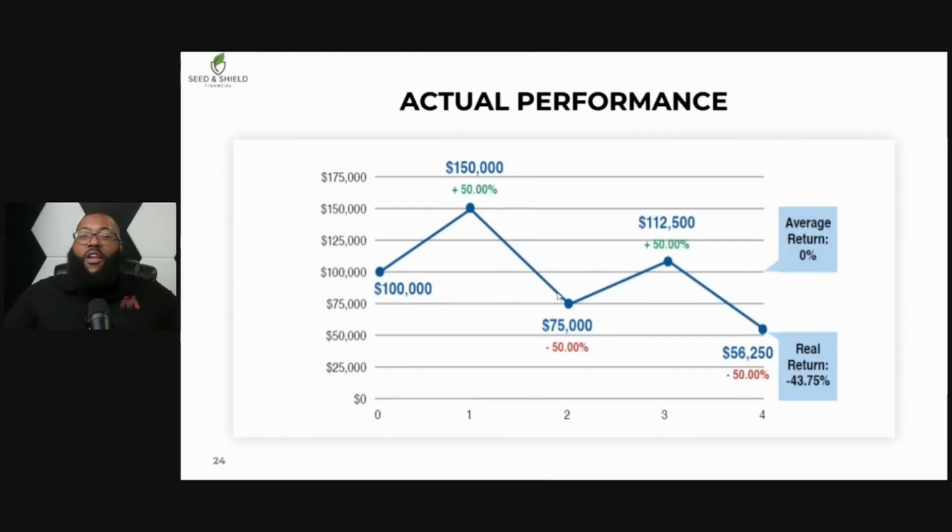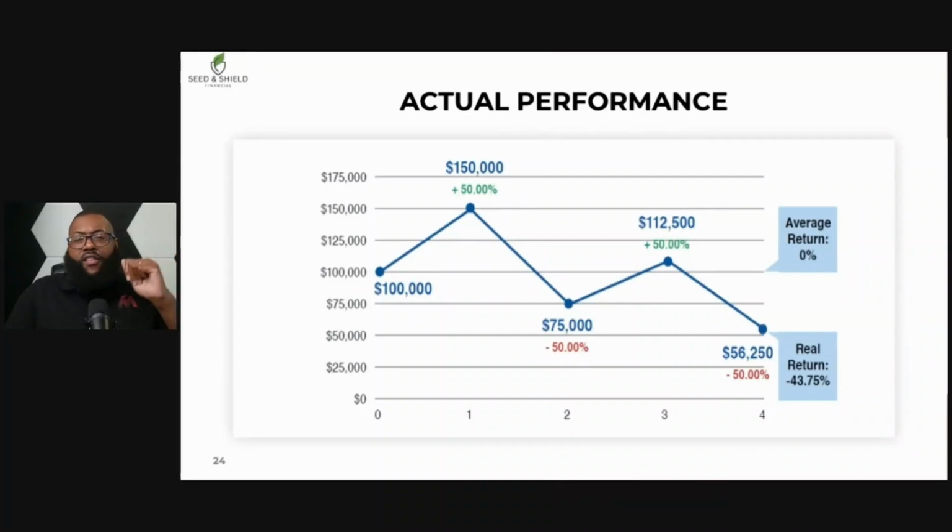But great news, it went up 50% because the market always rebounds, right? Yeah, we always bounce back. Oh, but it's 50% on 75,000, not 50% on 150,000. So that now puts me up to $112,500. Wow, this doesn't look good.